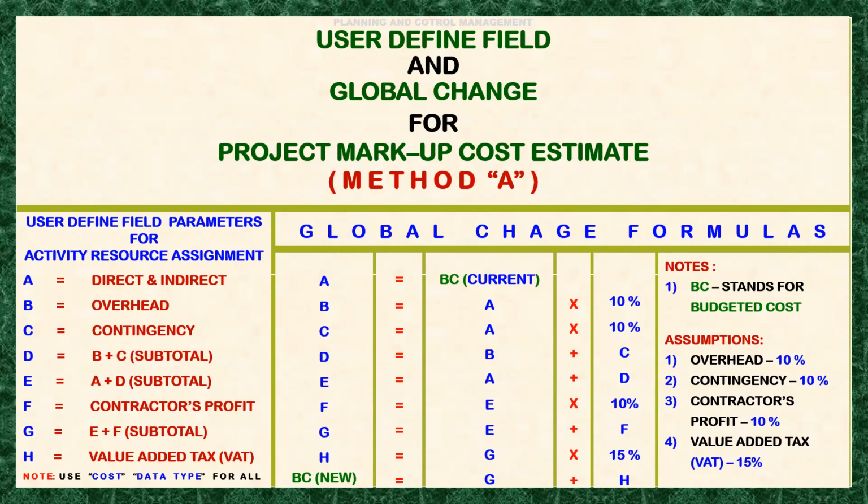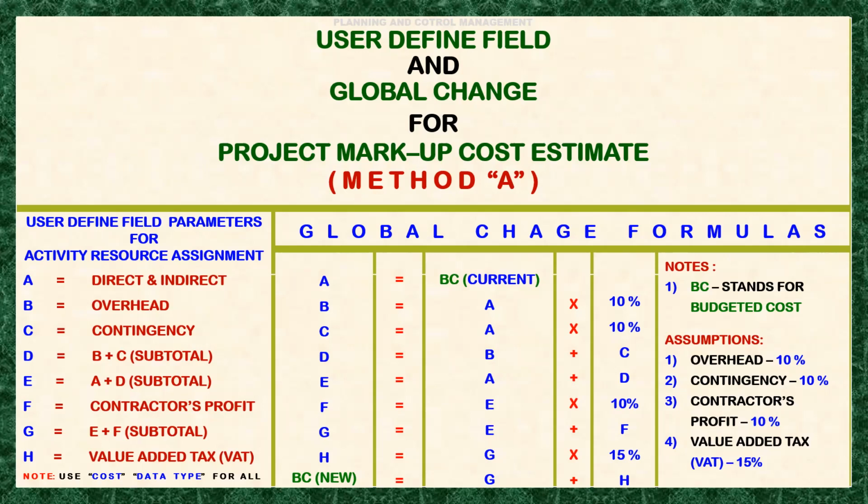Take note that our formula requires the global change to run the calculation only once, otherwise the new budgeted cost will be recalculated with the markup carried over from the last calculation. Okay, so that you will understand it.